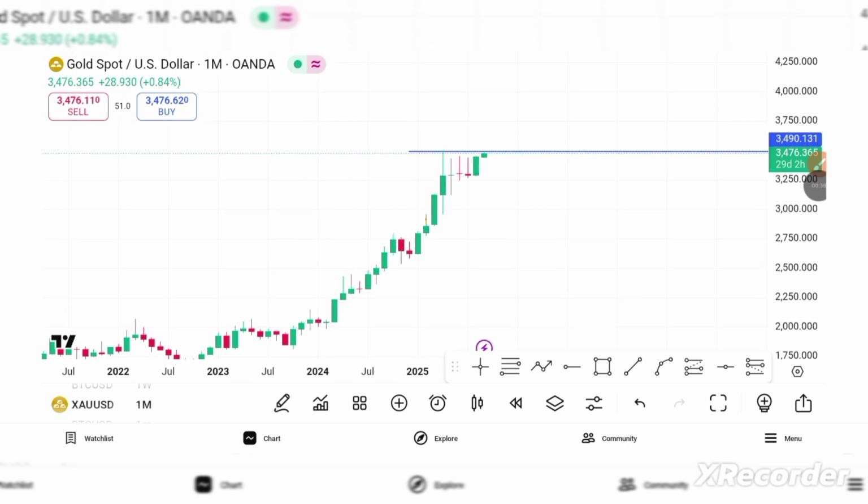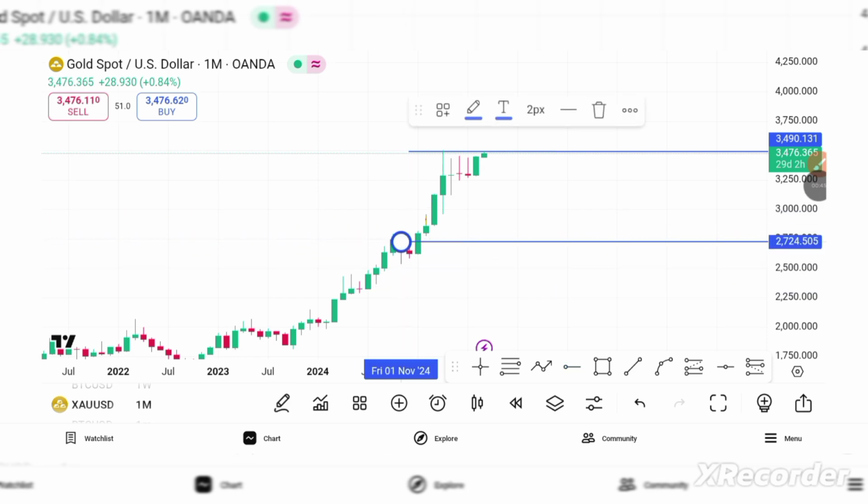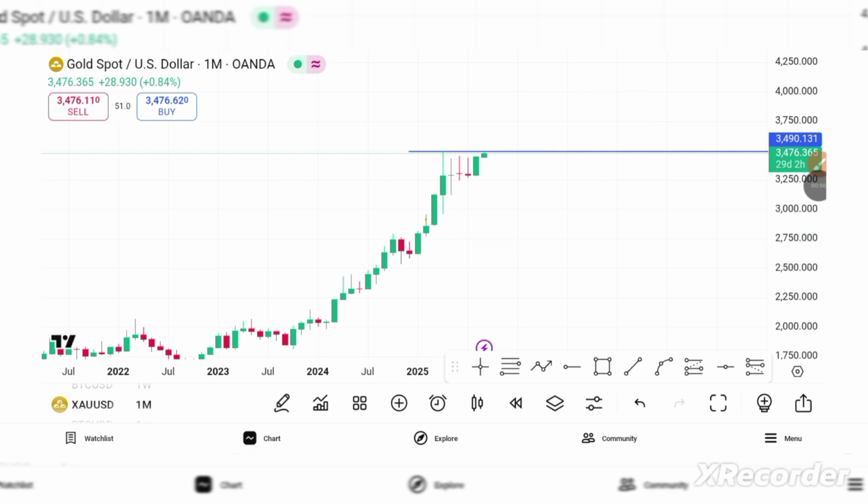because gold has been trading straight up, giving us only buyers. It is only buyers who have participated in this market on this whole side.